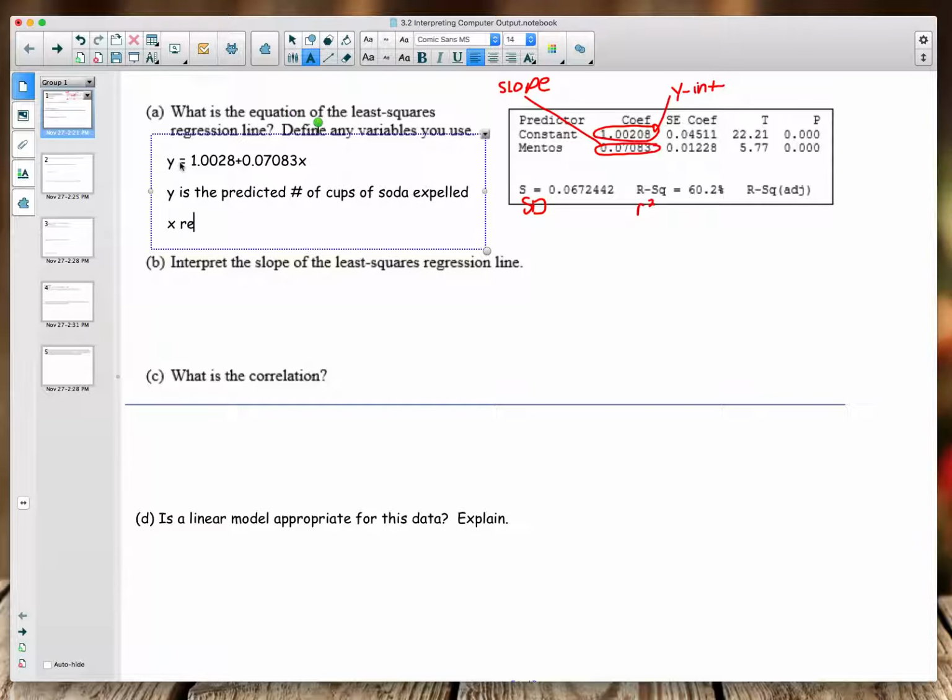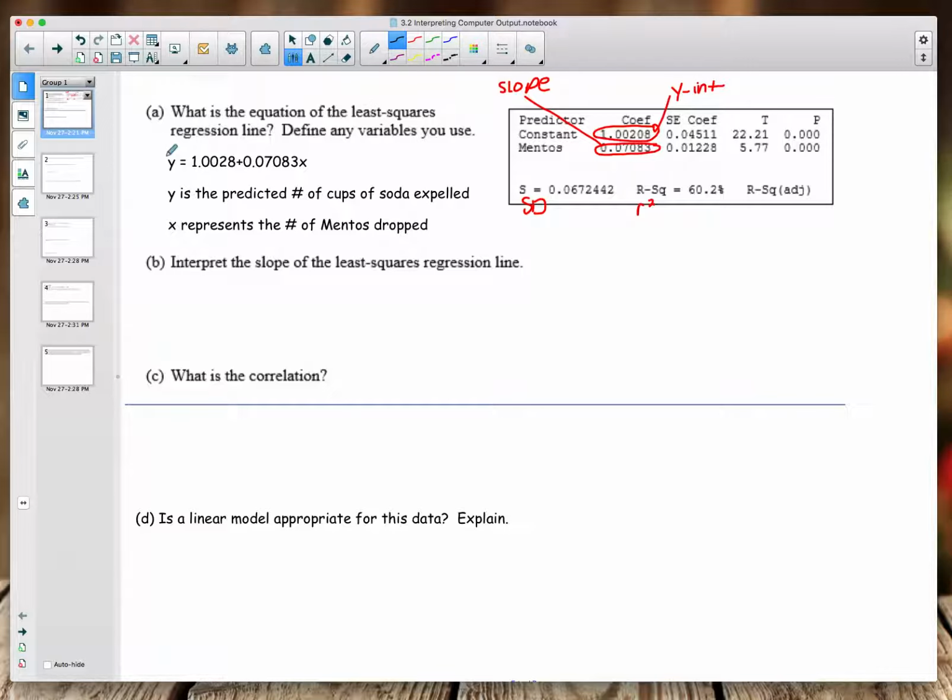And x represents the number of Mentos that were dropped. Okay, so it is a good habit to get into, make sure you're defining your variables. And let's make sure we call this our y hat.